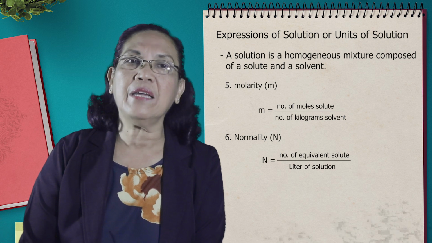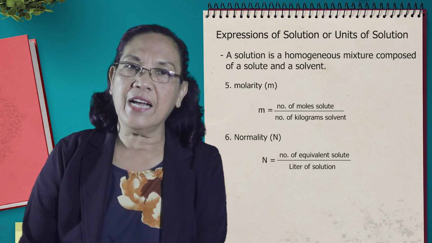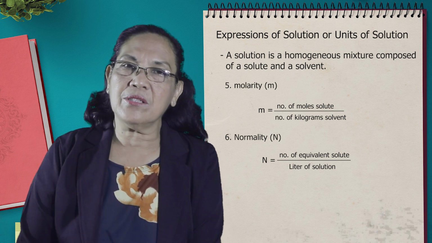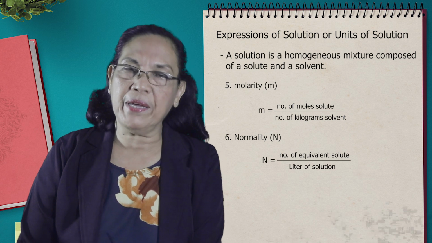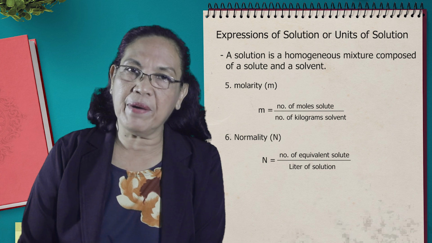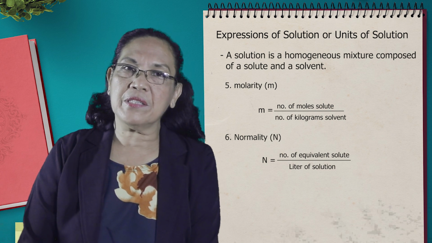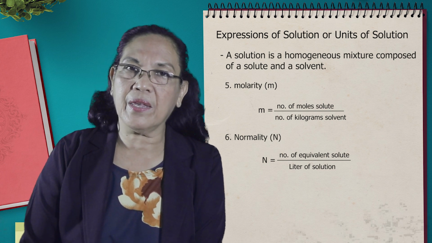Divide it by 1 because there is only one hydrogen ion in hydrochloric acid. So for hydrochloric acid, the equivalent weight will be the molecular mass divided by 1 because there is only one hydrogen atom.